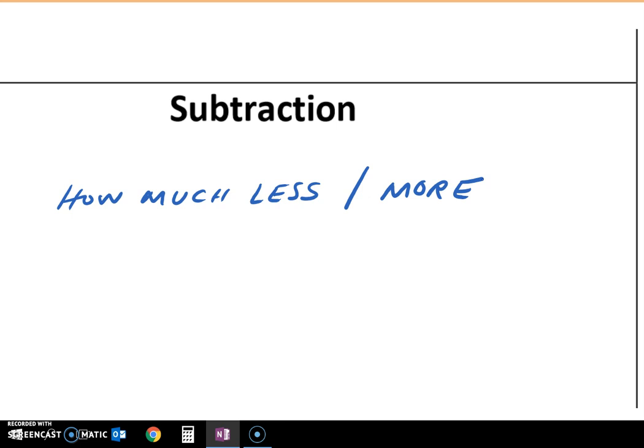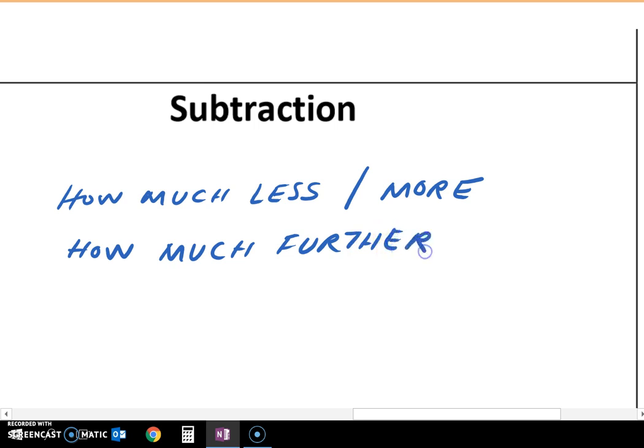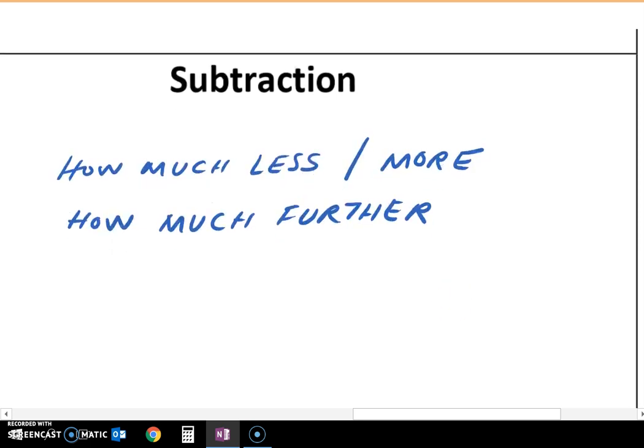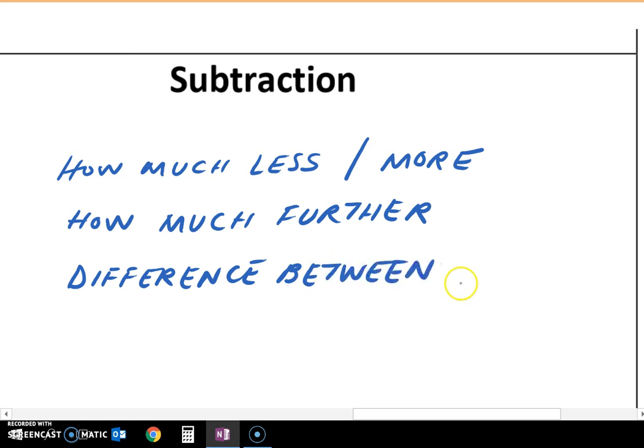Scientific notation a lot of times talks about distance. So when we have distance, we also want to focus on how much further. Especially since in scientific notation, we do look at the distance between planets, and that's pretty common. So we also have the difference between. And we have the distance or difference of.